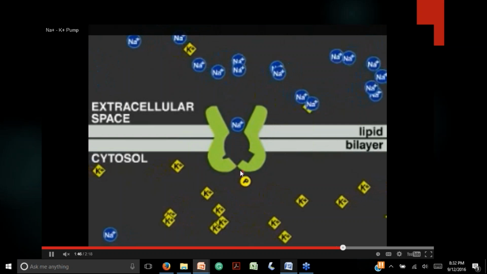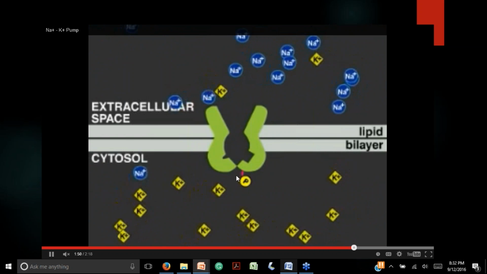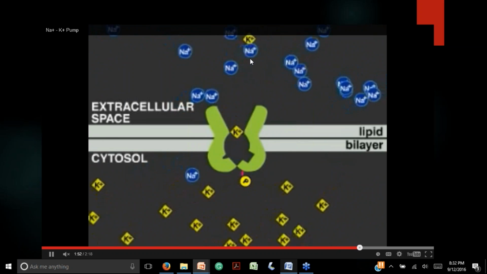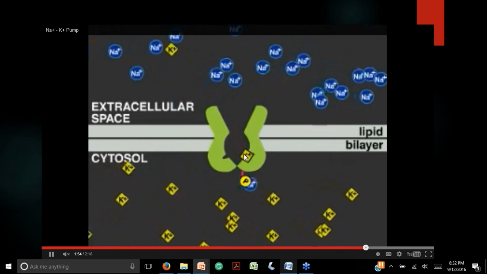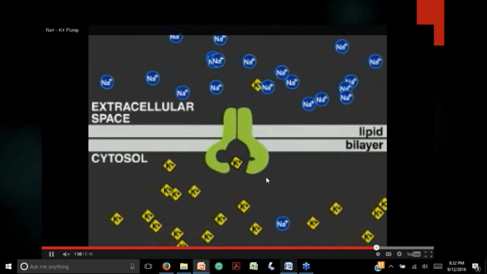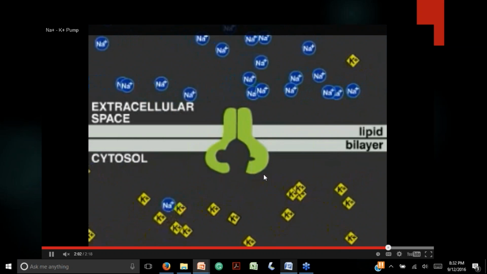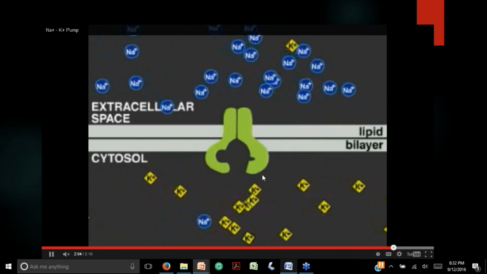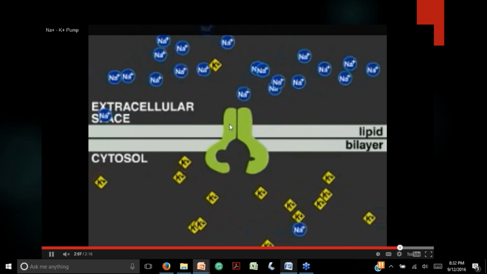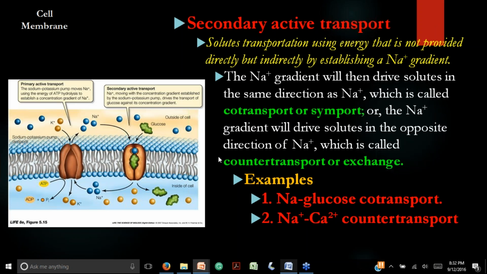This phosphorylation produces changes in the shape of the protein, releasing the three sodiums and allowing potassium to go to the binding site. When that happens, you can see the phosphorus goes out, and that is going to be in the rest stage again. So that is how the sodium potassium pump is working.